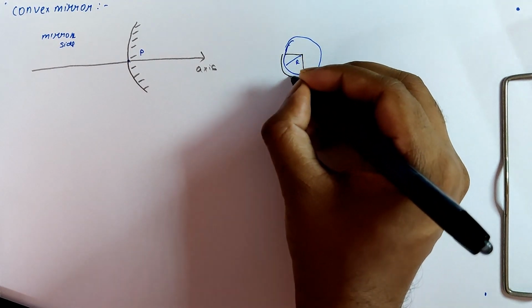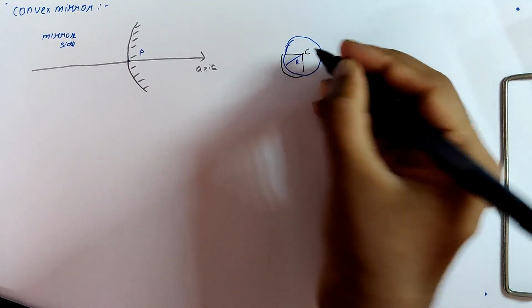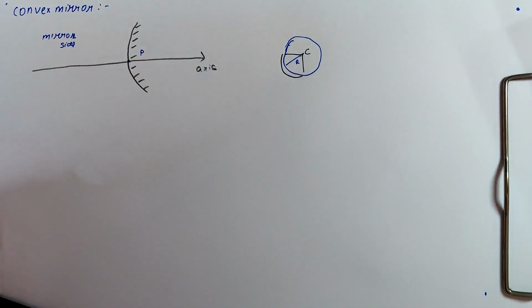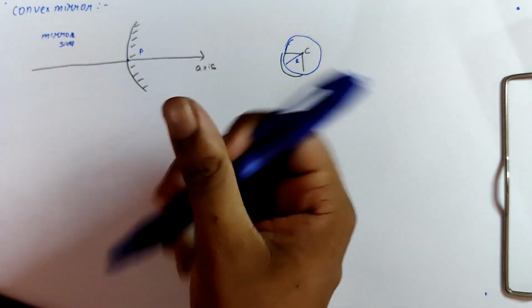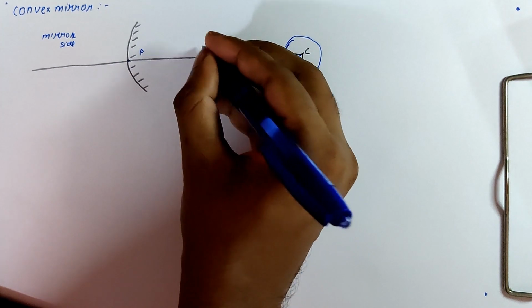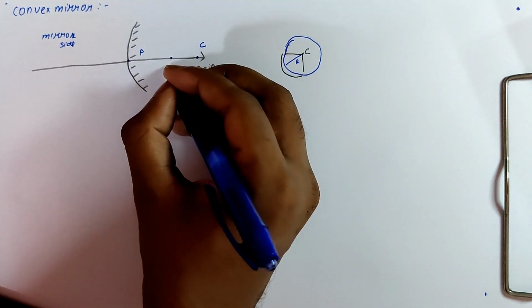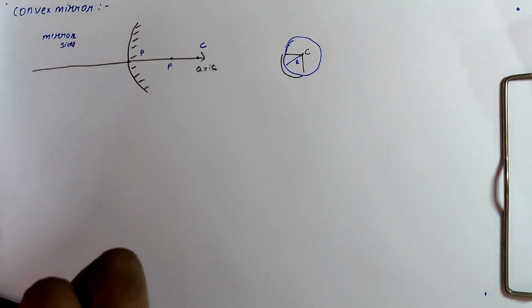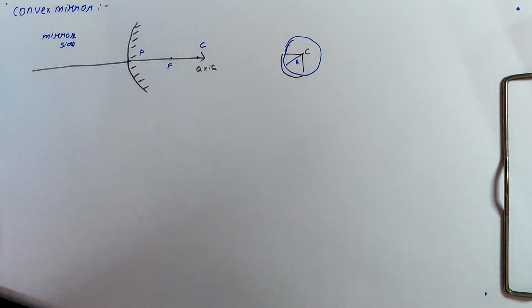Like I've taken the curving on this side, which means the C is on the other side of the mirror. So the C will be on the other side of the mirror and the focus will be the same side of the center of curvature.